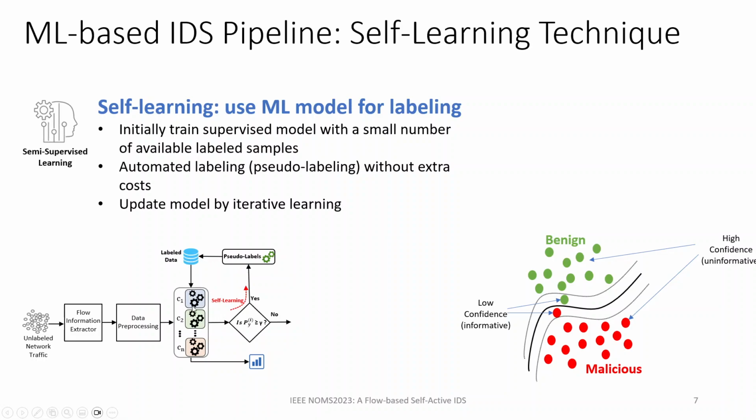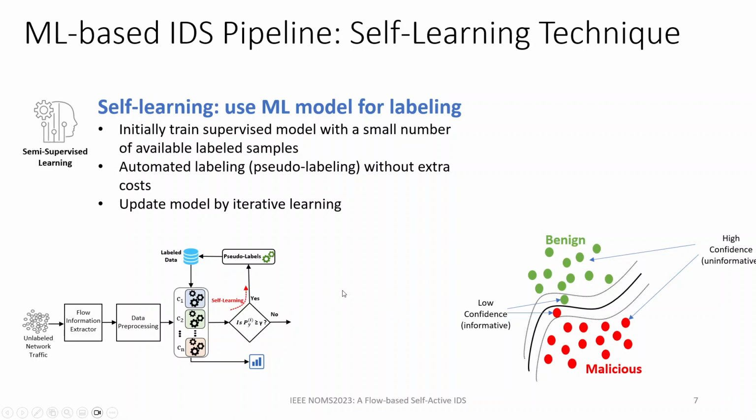This part is so-called self-learning. The criteria is based on the confidence of the machine learning model about the label prediction. If it is high confidence, we consider this label and put it to this.